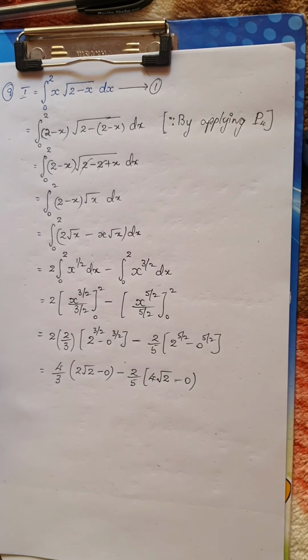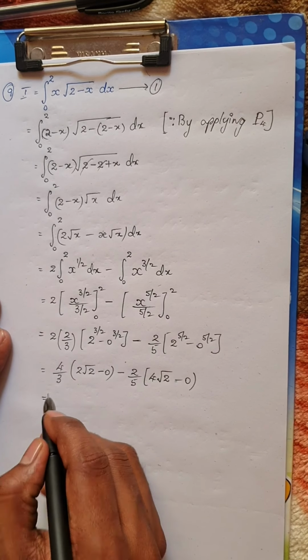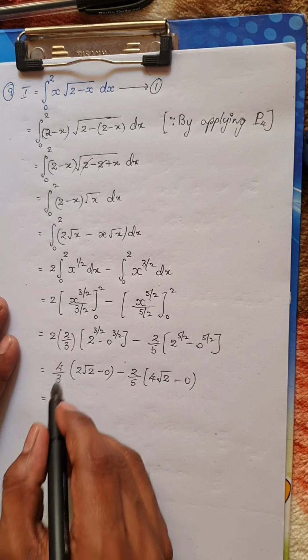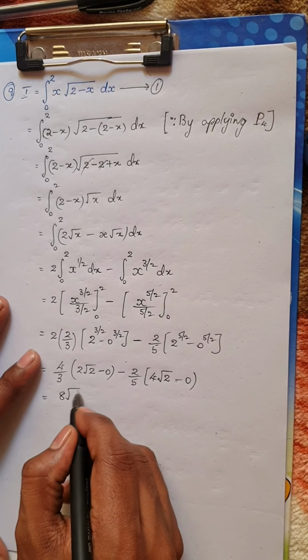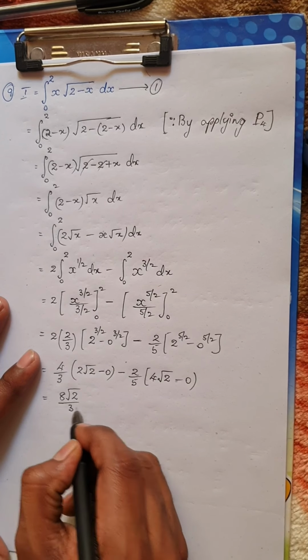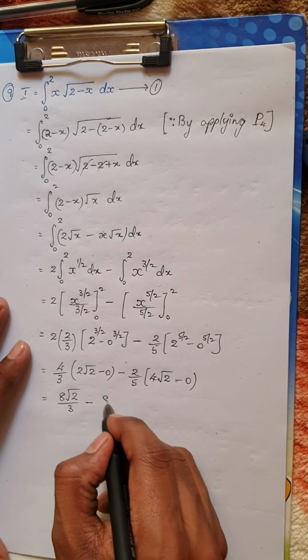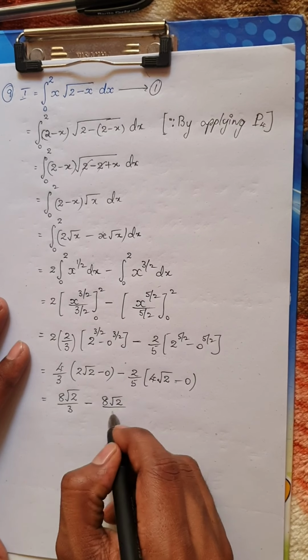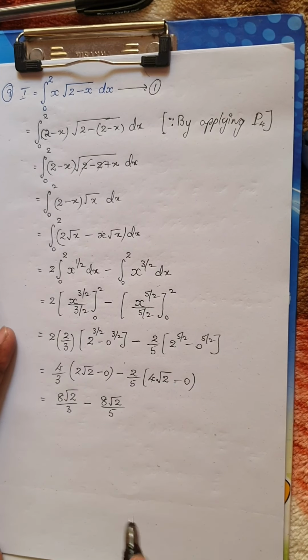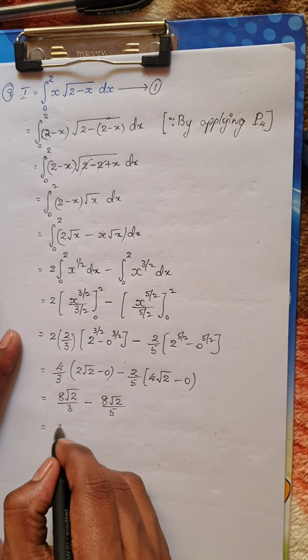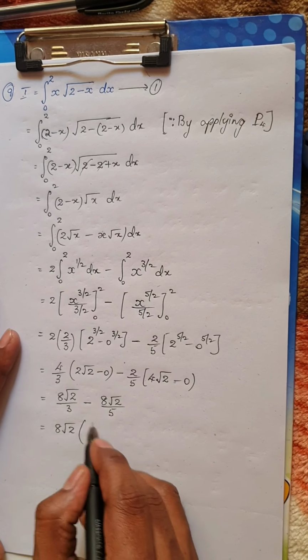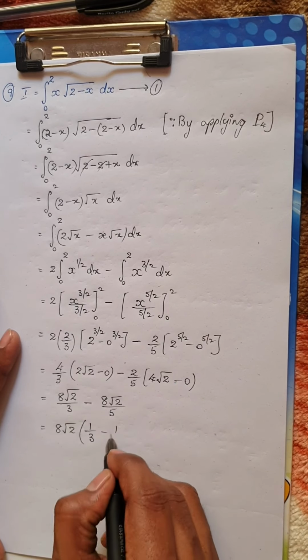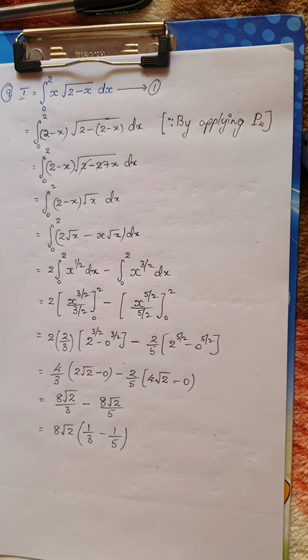Now multiply. 4 2s are 8 root 2 divided by 3, minus again 4 2s are 8 root 2 divided by 5. If you take the common term 8 root 2, you have 1 by 3 minus 1 by 5.